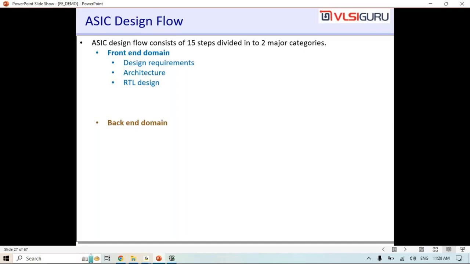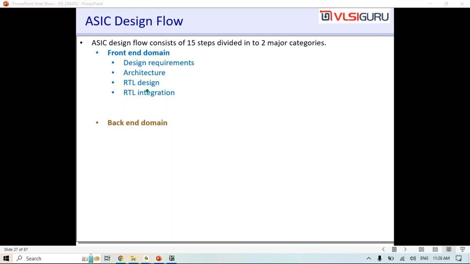Okay. The next step is called integration. See, generally what happens when they develop, right? We don't have one person do everything. We have multiple people developing small blocks. Let's say this block is developed by someone, this block is developed by someone.